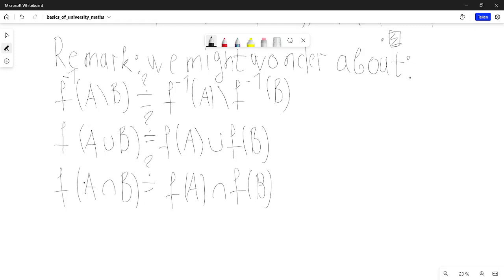Like we have A, we have B, and that F maps into something, and that seems to work.